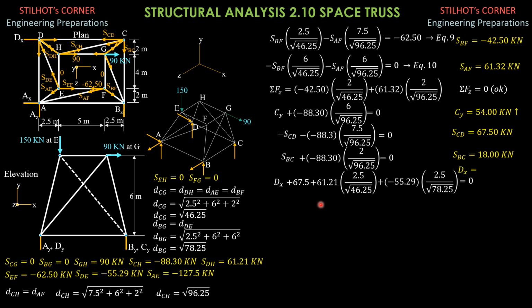So we can now compute DX. DX is equal to negative 74.38 kilonewtons.